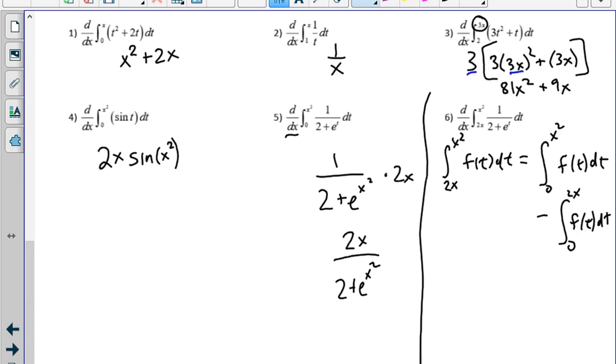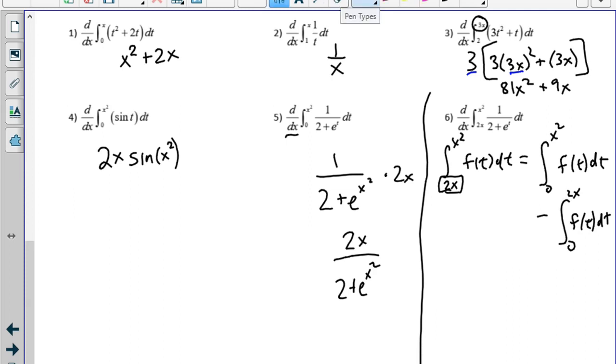And the reason why it would be minus 0 to 2x is because I could have the 2x down here. It would be plus the integral from 2x to 0. But since I want the 0 on the bottom and the 2x on top, I'm going to do a minus there.